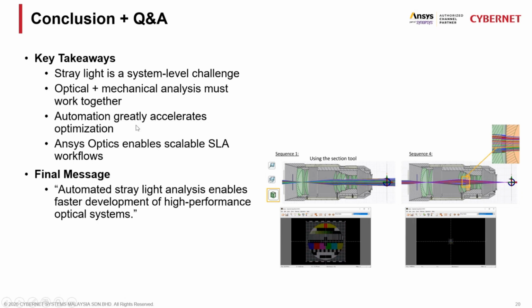The automation greatly accelerates this kind of optimization, and Ansys Optics enables this scalable SLA workflow, which combines the software, for example, Ansys Zemax OpticStudio and also Ansys Speos. And finally, this automated Straylight analysis enables the faster development of high performance optical systems.